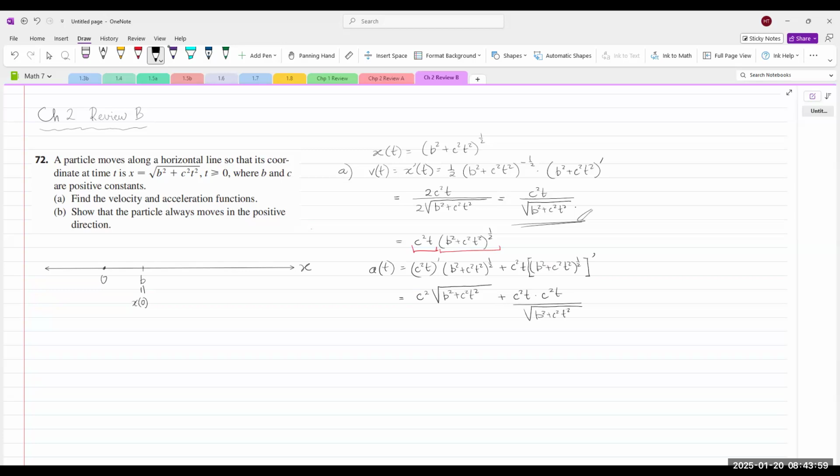Let's do the LCD. If I do the LCD, the denominator is square root of b squared plus c squared t squared. On the top, I multiply by the square root here.